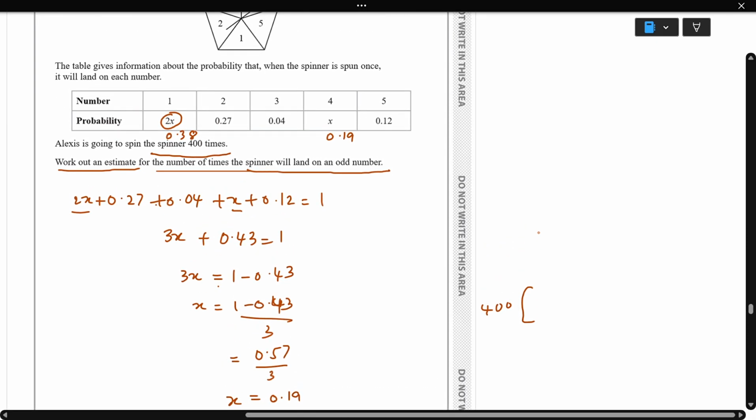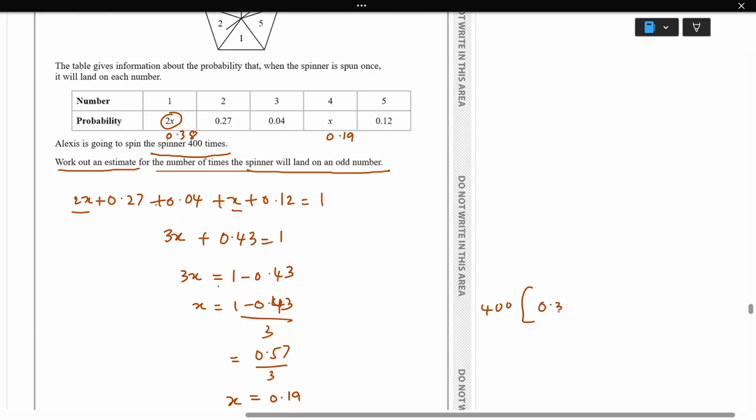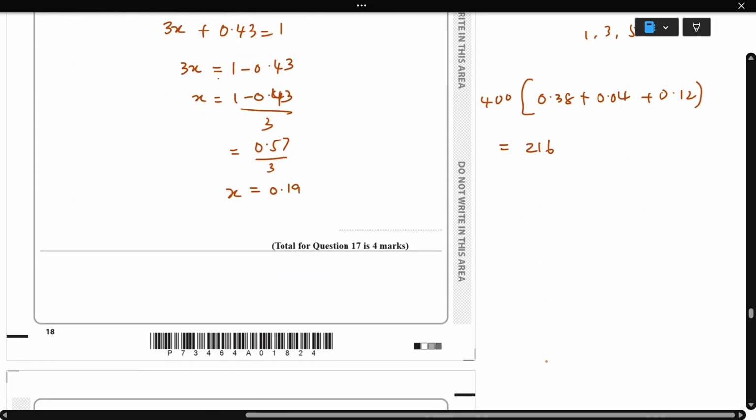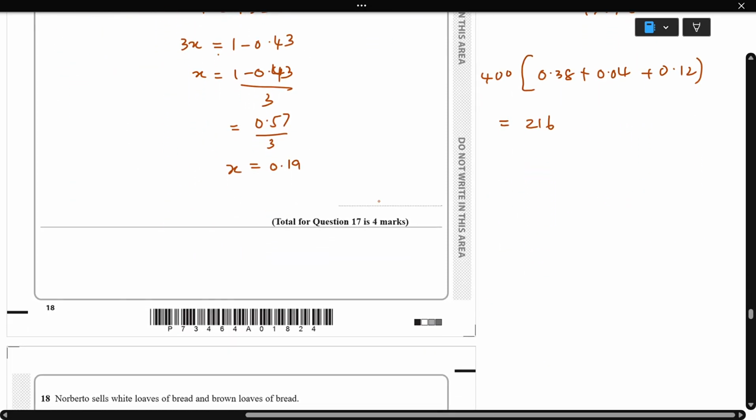Odd number is going to be 1. 1 probability is 0.38 plus then 3's probability is 0.04 plus then 5, because 1, 3, 5 are the odd numbers in the spinner, which is 0.12. So when we calculate, our answer is going to be 216. So our final answer is going to be 216.